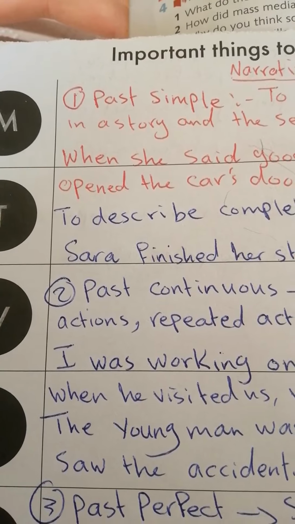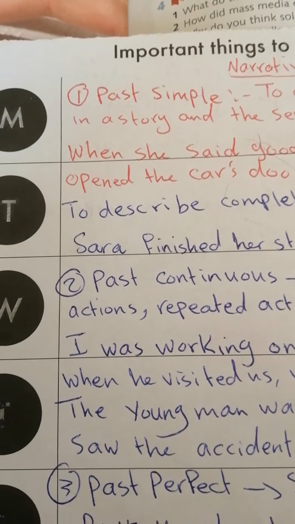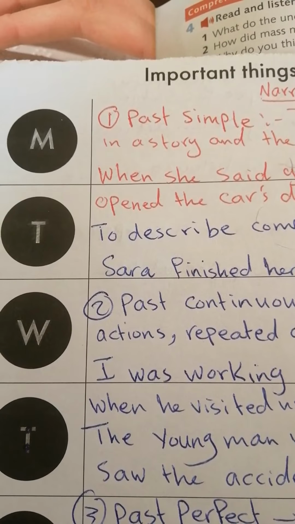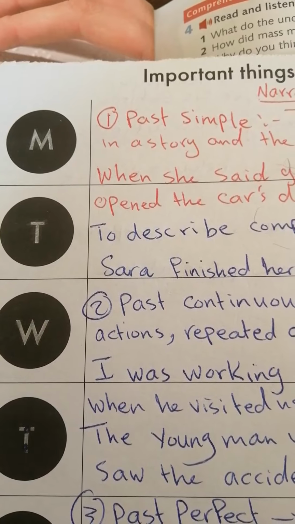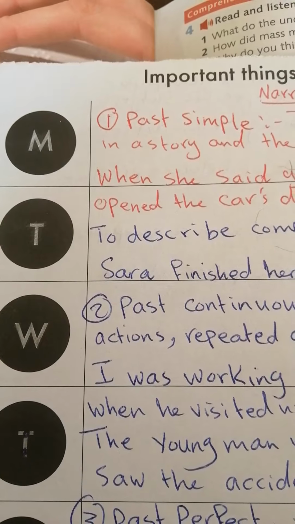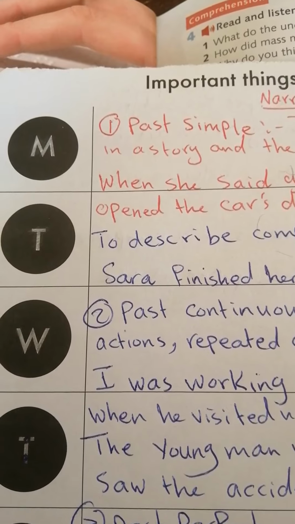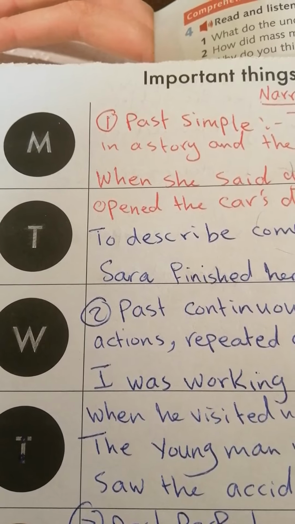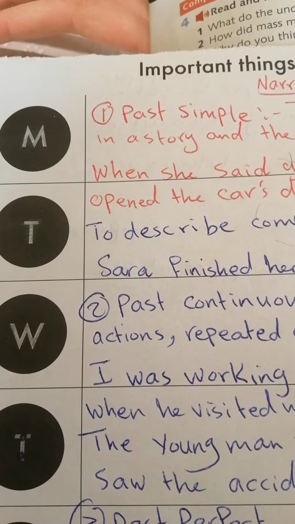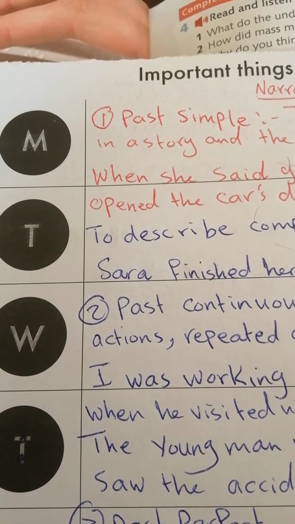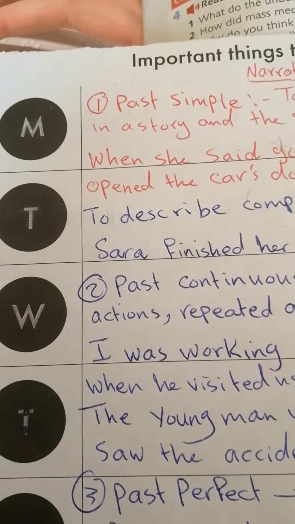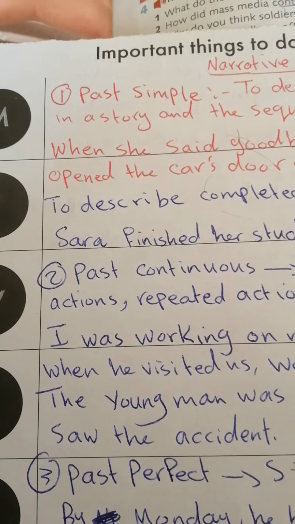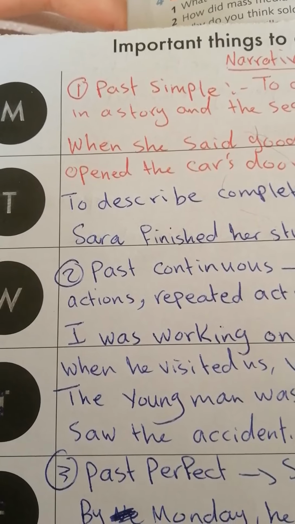Okay? Now, we also may have different time expressions for describing the narrative. We can use when, after, before, while, and we can also use at the time in order to tell exactly at what specific moment or what specific time did this action happen.